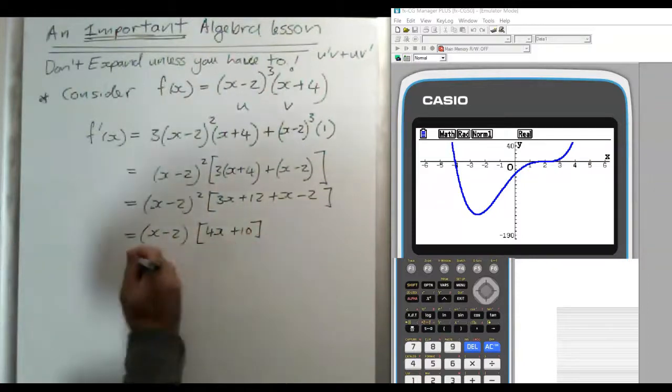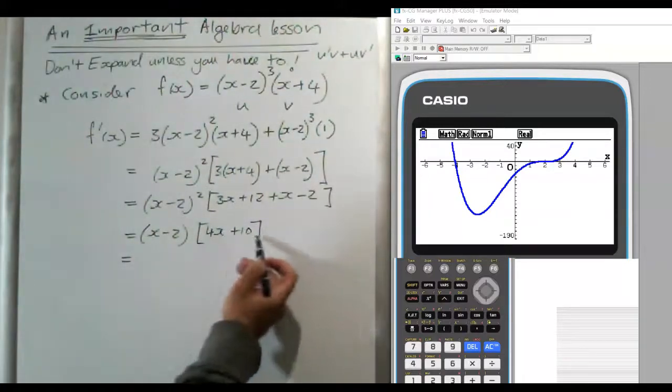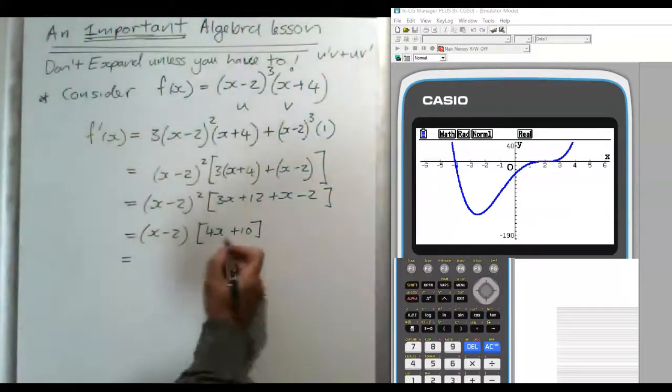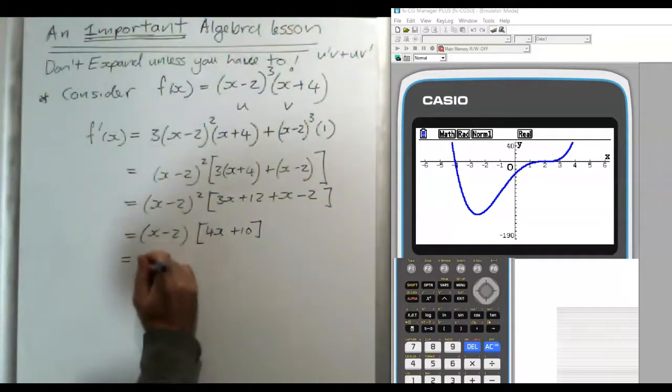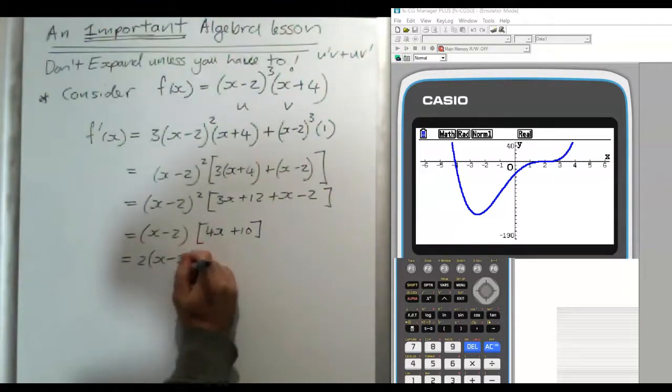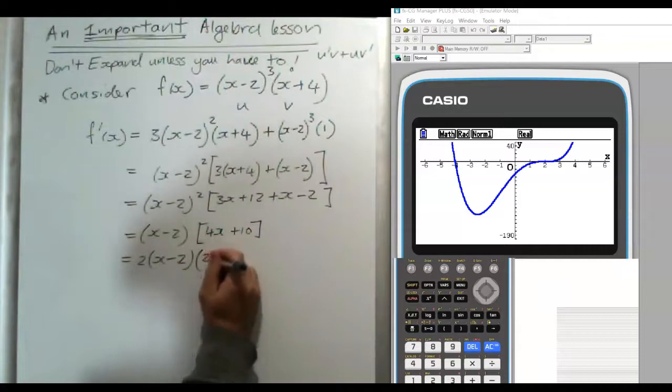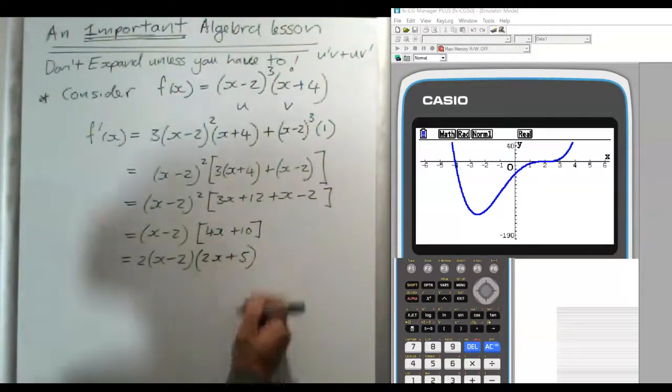And quite often you'll find there is a factor you can pull out of this one bracket here. And in fact, you can see you can pull out 2. So we'll put 2 at the front. We've taken 2 from here, so 2x plus 5.